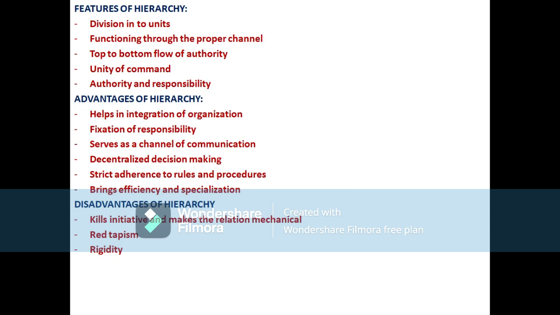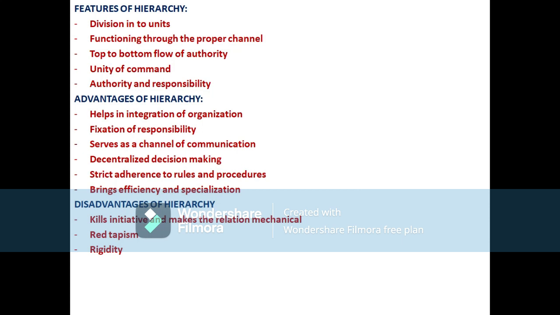And coming to disadvantages, what would be the disadvantages? The first one is that it kills initiative and makes relations mechanical. It means that since directions flow from top management to lower level management, those lower level people are expected to carry out the instructions of their superiors mechanically, without any initiative and drive. So this is a disadvantage.